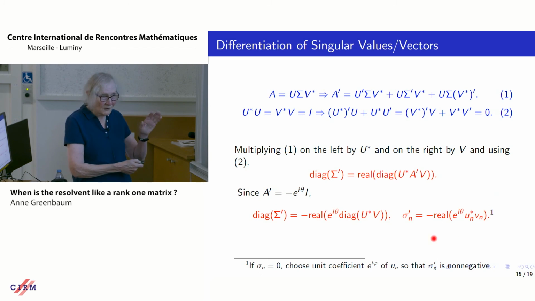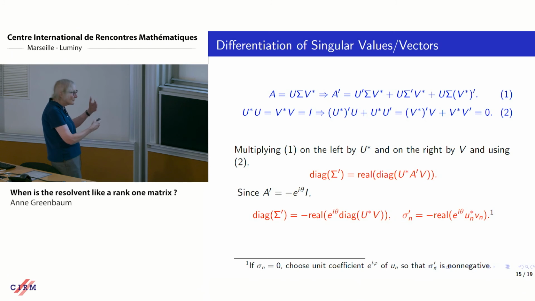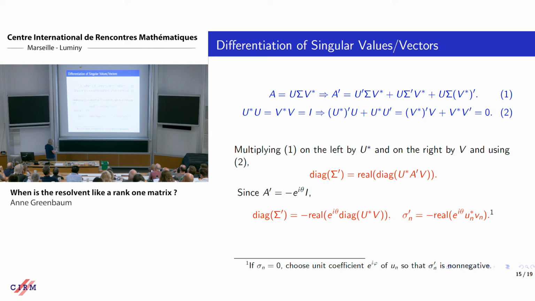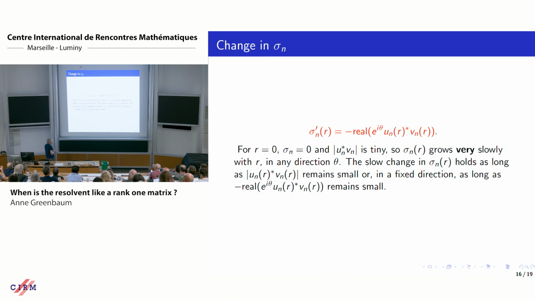We know that at the start, sigma n is 0 and un star vn is tiny, so this tells me that at least initially, sigma n is going to change very slowly as I increase r in this r e to the I theta addition. At least initially, sigma n is going to change from 0 very slowly.